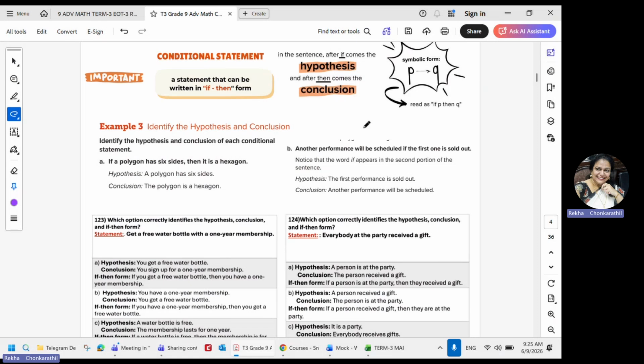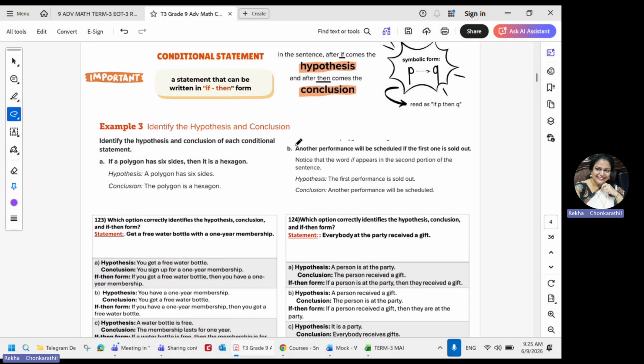And it need not always be that the hypothesis is written in the beginning of the sentence. Sometimes the hypothesis can be written at the end of the statement, but still you have to judge the statement by what the conclusion is. I'll give you an example, you'll understand better. Here in example A, the hypothesis is a polygon has 6 sides. Conclusion will be the polygon is a hexagon.